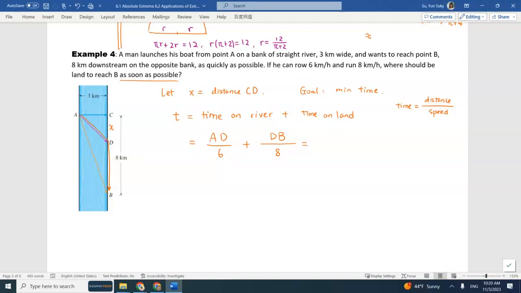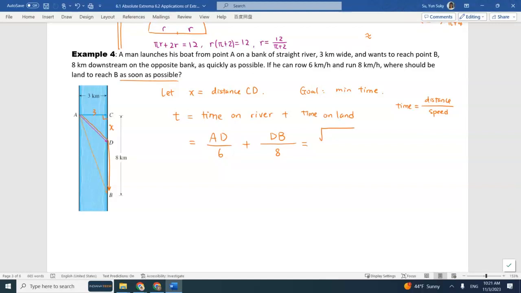Do you see this is a right triangle, with this side 3 and this side x? What is the hypotenuse? Pythagorean theorem, what is that? A squared plus B squared equals C squared.